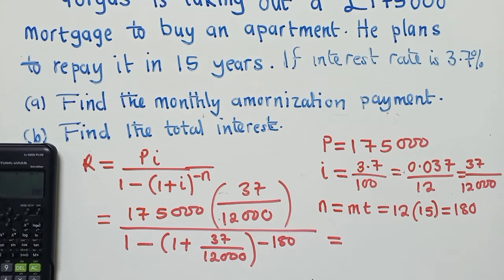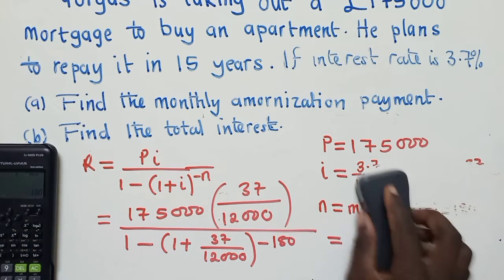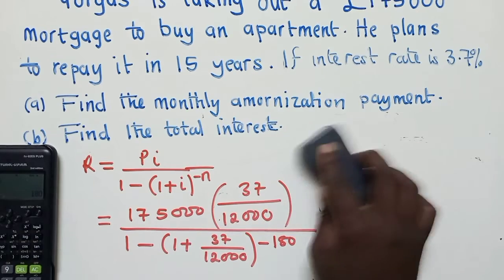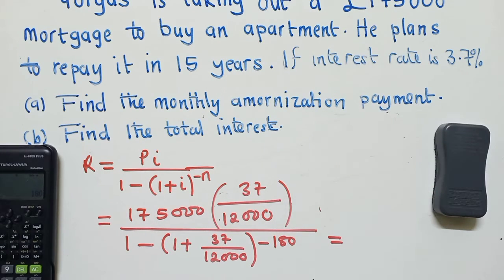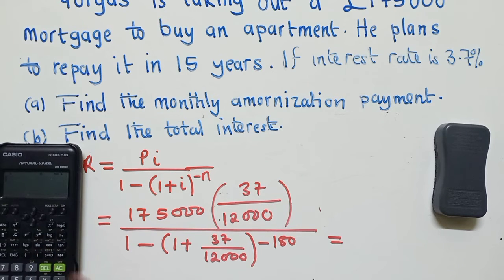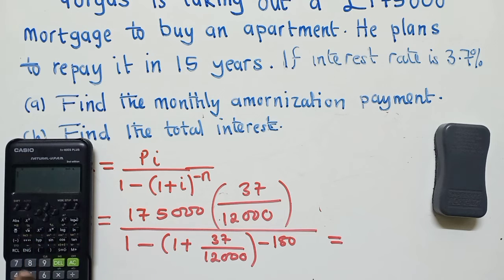When we work this out on our calculator, it depends on the calculator that you are using. If you are using a smaller calculator, make sure to follow order of operation. So we have this right here. I'm putting it on my calculator.